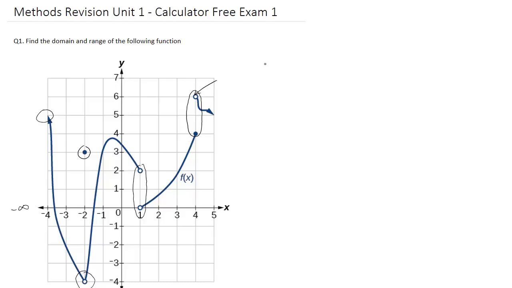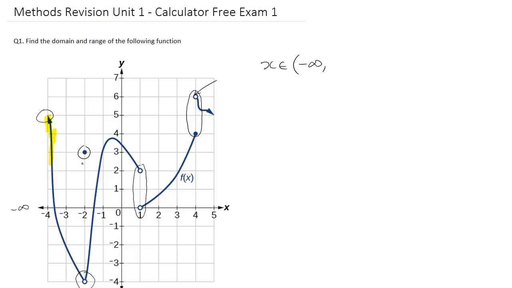So the domain, we write x is an element. We know we start from this side here, so we know that this part of the graph goes to negative infinity. So we open brackets, negative infinity, up to negative 2, which is still included.